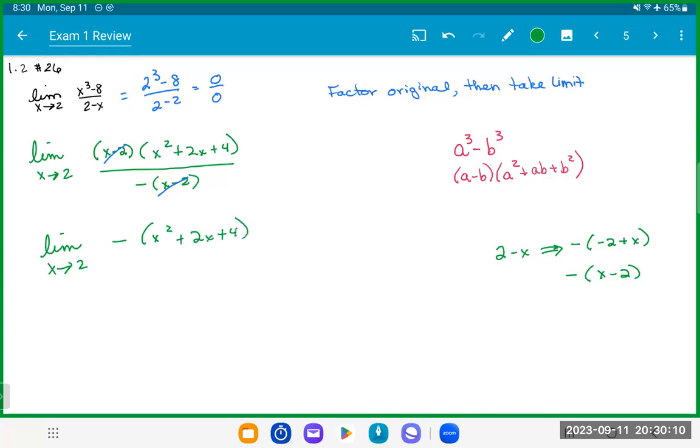When we substitute that in, we end up with negative 2 squared plus 2 times 2 plus 4. And so that is negative 4 plus 4 plus 4, which is 12. Okay.